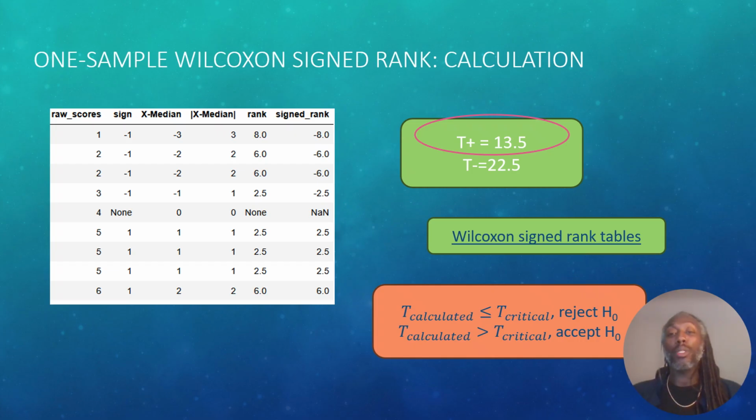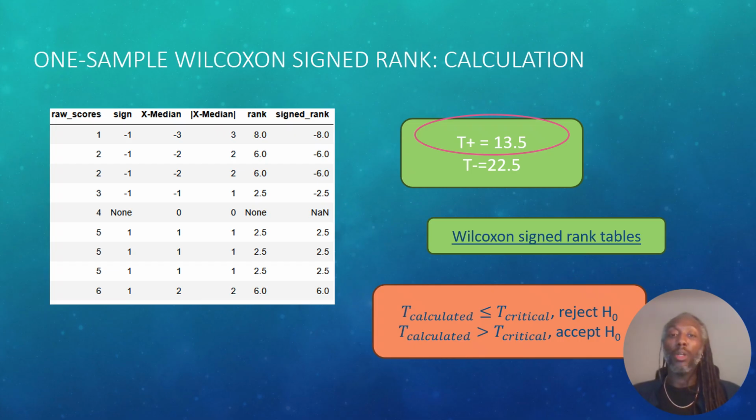Now, we're going to create two statistics. One is called T plus, the other is T minus. T plus takes all the positive signed ranks and adds them up. So in this case, we'll add up 2.5, 2.5, 2.5, and 6, and that should put us at 13.5.